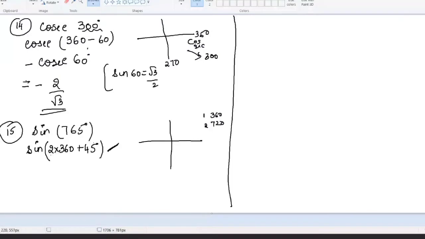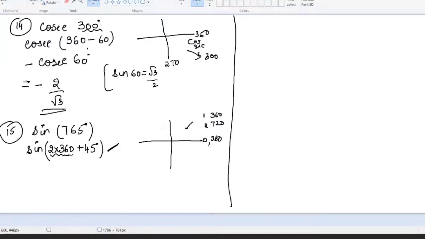Now here, this is 0 and it goes back and comes to 360. 360 plus means it is once again the same. It is a periodic function. So forget about the 2 times 360. Now think it is 360 plus. Which quadrant does it move to?